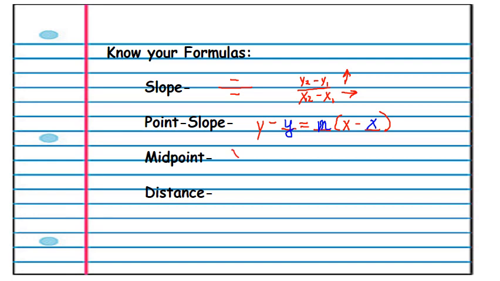Midpoint is the middle, so it's the average of the x's, sets of 2, and the average of the y's. There's the cuckoo clock. Which of course gives us our middle, our third point.